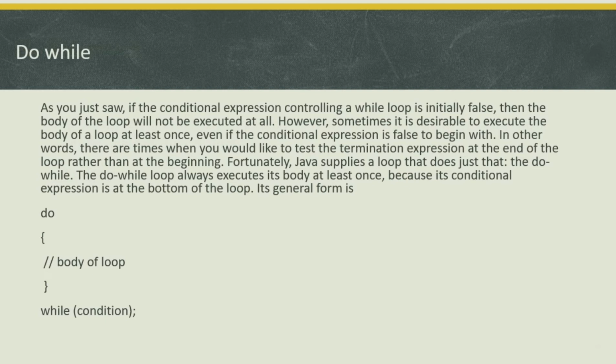The do while loop always executes its body at least once because its conditional expression is at the bottom of the loop. Its general form is do, body of the loop, while, conditional. Each iteration of the do while loop first executes the body of the loop and then evaluates the conditional expression. If this expression is true, the loop will repeat.